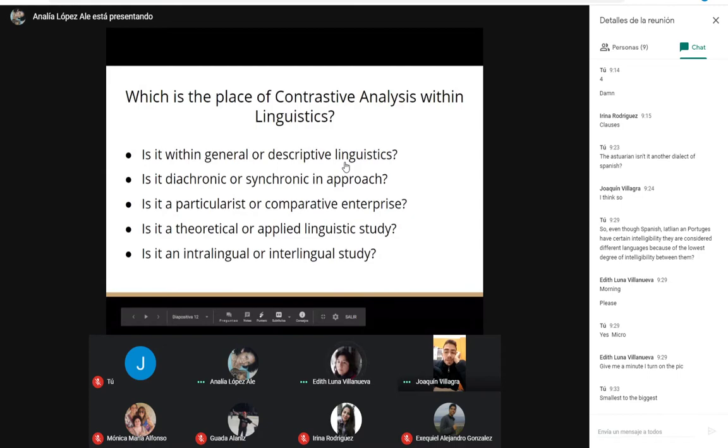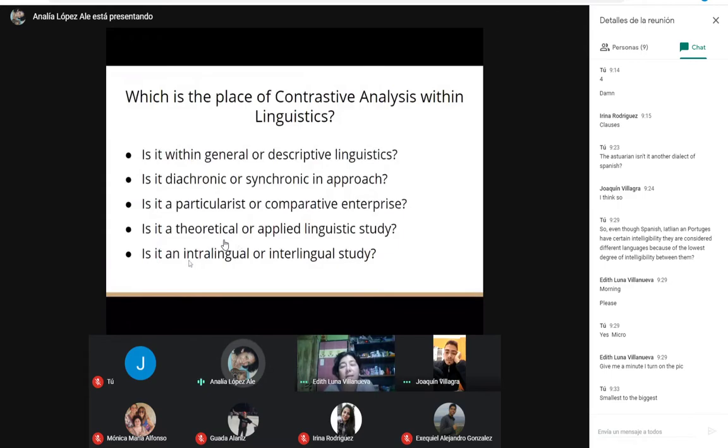No, I have an idea, but not the specific meaning of the concept. But you know the difference between intra and inter. Yes. Okay, that is what matters.